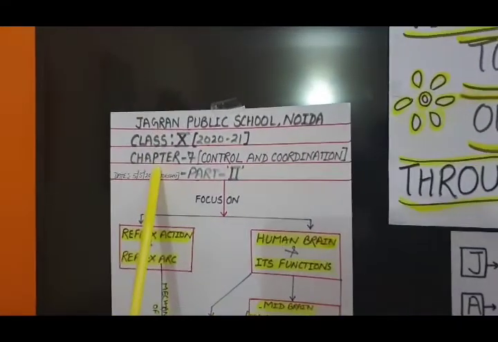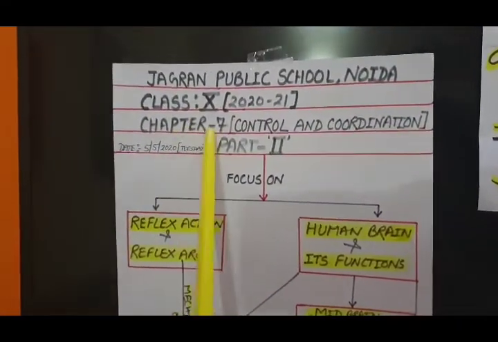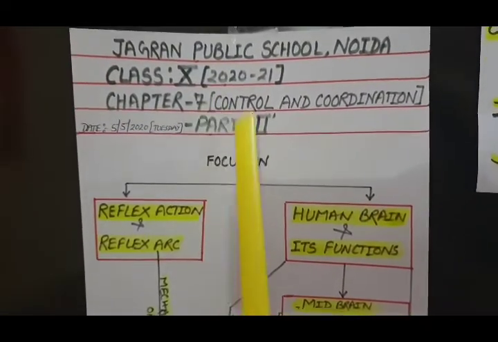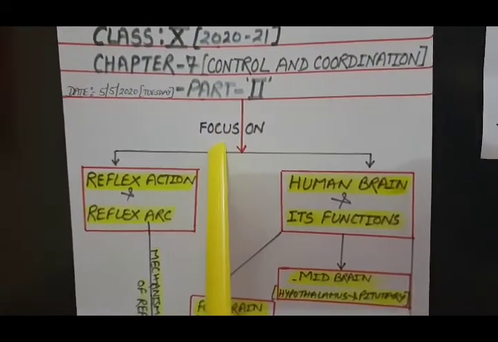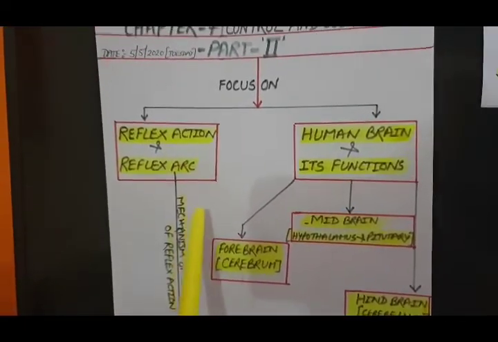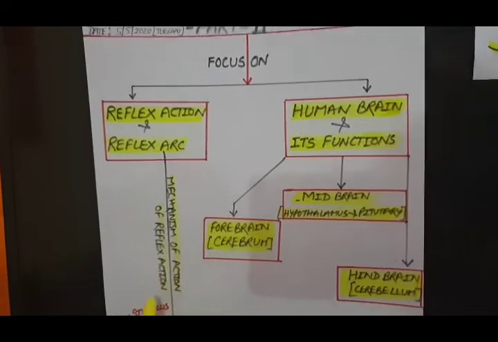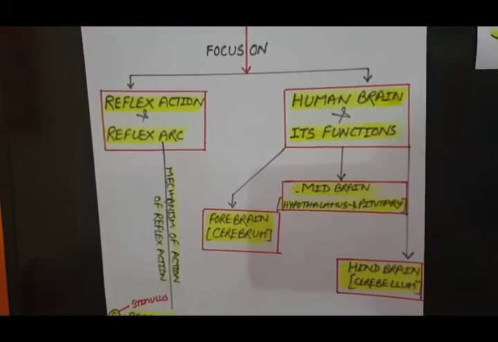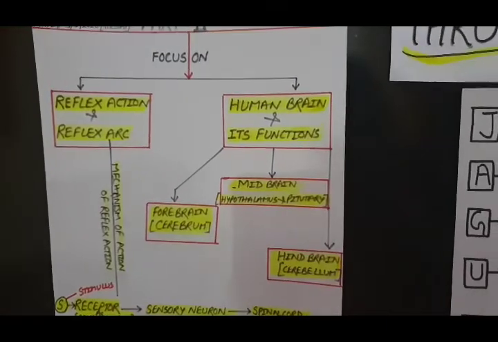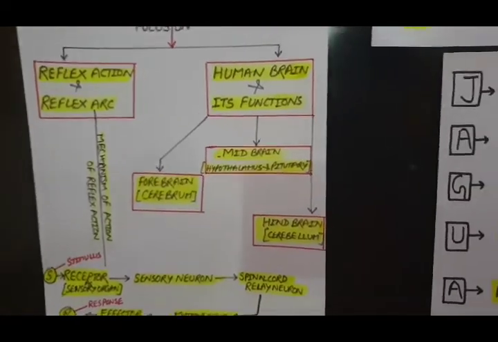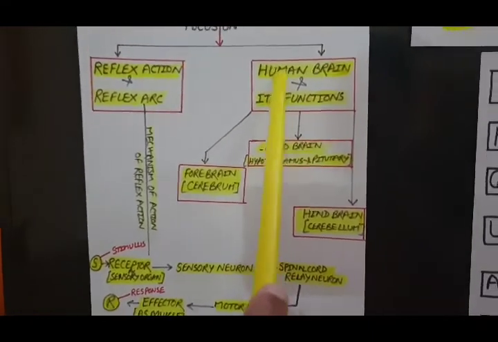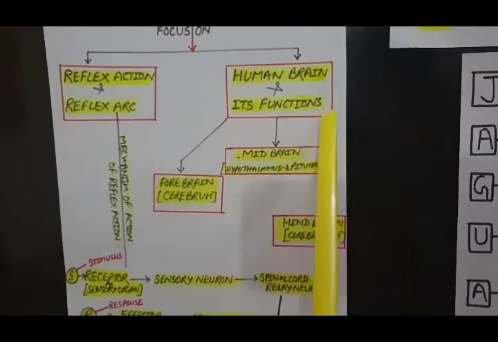In today's class, I will continue with chapter 7, Control and Coordination. In this part 2, today we will focus on reflex action and reflex arc, the mechanism of action of reflex action with the help of receptors, sensory neuron, relay neuron, motor neurons and effector organs, and the human brain and its functions.